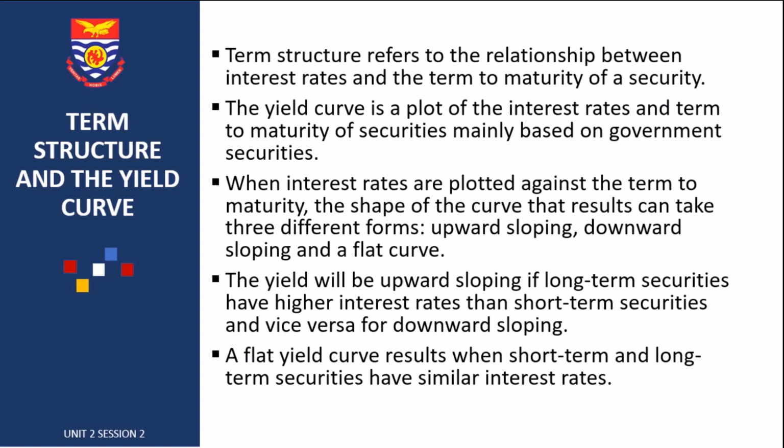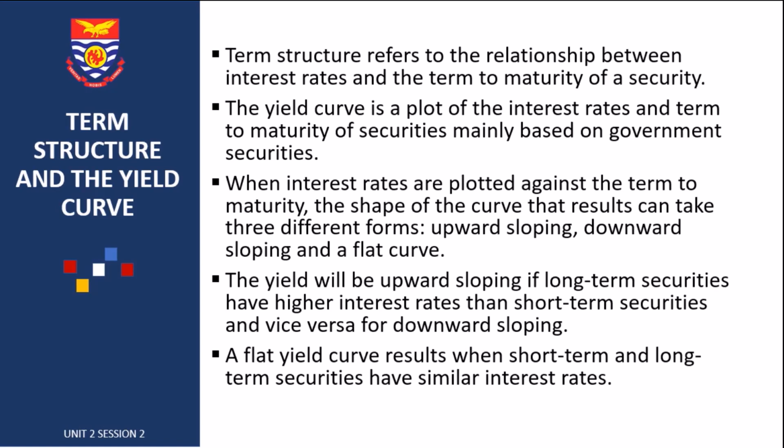The yield curve will be upward sloping if long-term securities have higher interest rates than short-term securities. So our yield curve can give us three different types of plots. The first one is the upward sloping curve, where the long-term securities have a higher interest rate than the short-term securities.